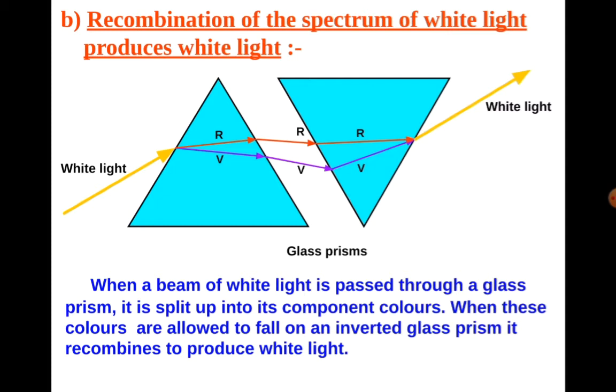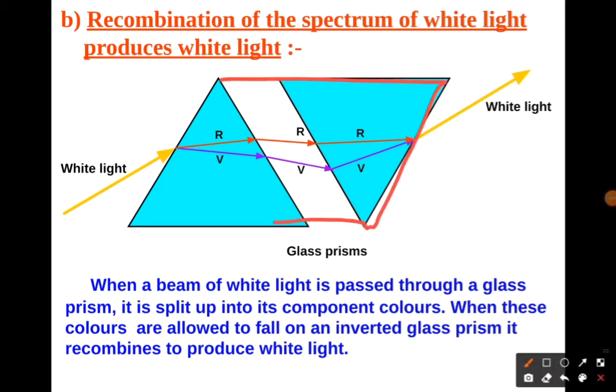Both prisms, the first prism and the second prism, together act as a glass slab with parallel sides, and the emergent ray is parallel to the incident ray. If you watch carefully, you will understand that this looks like a glass slab.